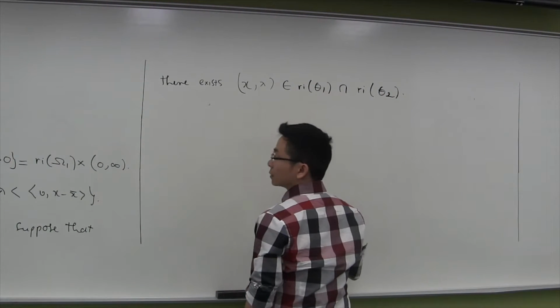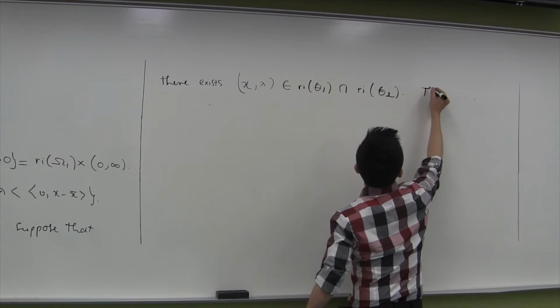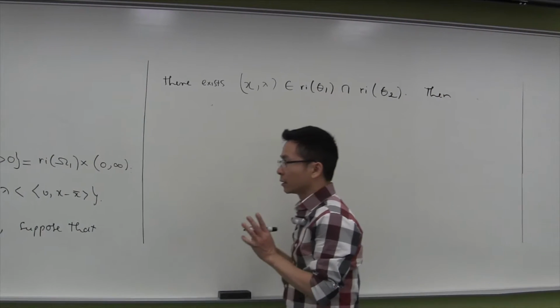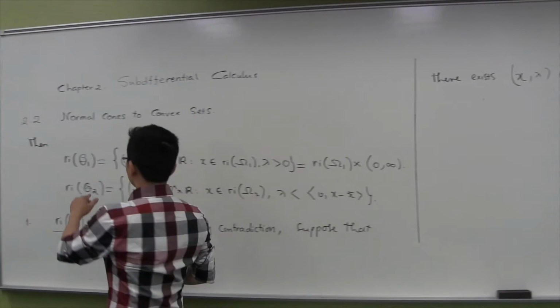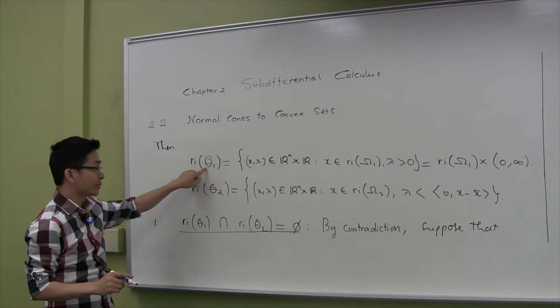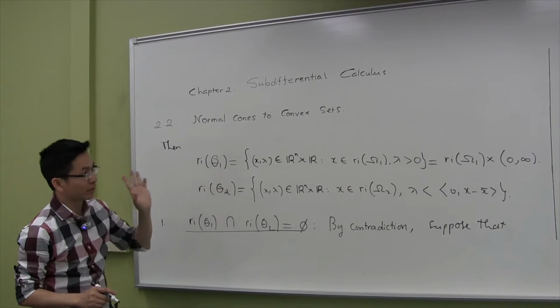Then by the property of the relative interior of theta 1 and theta 2, we have the following.